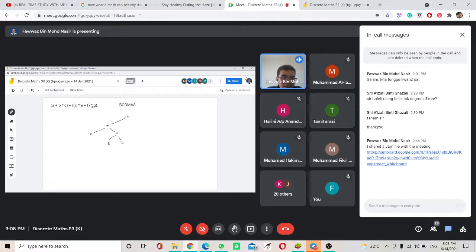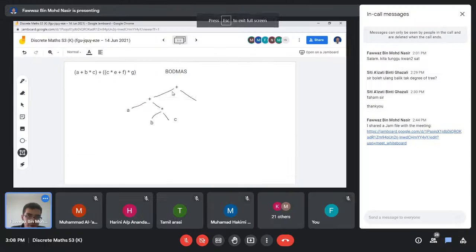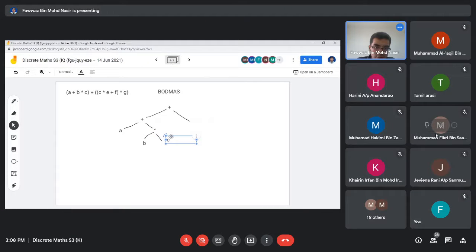Kemudian kita tengok the last bracket ni pula. Dalam the last bracket ni, yang last kali kita akan solve is this one kan, times G. Sorry, bukan kita tulis C, kita tulis times.